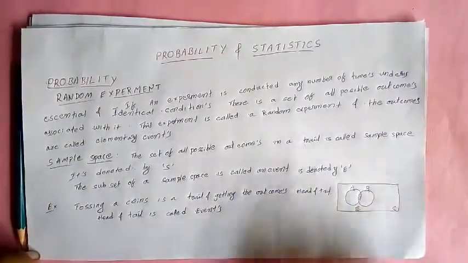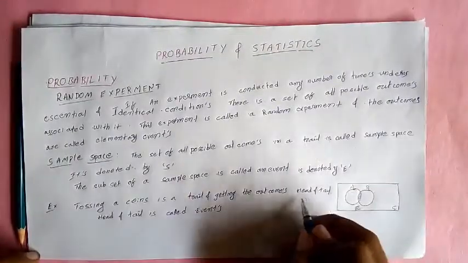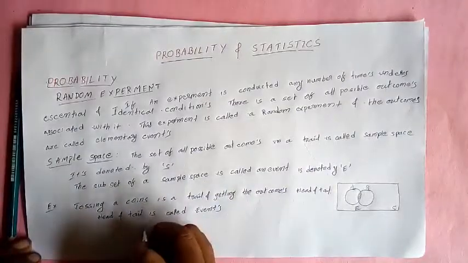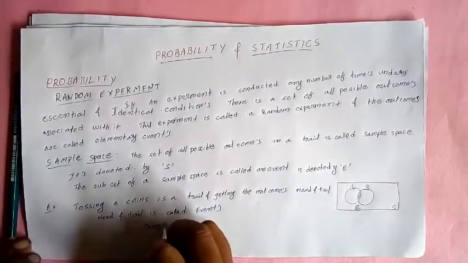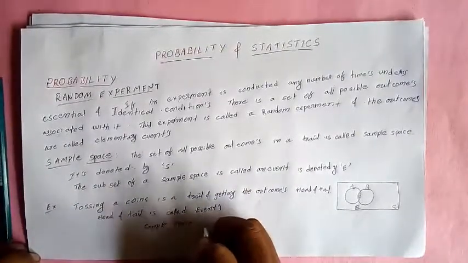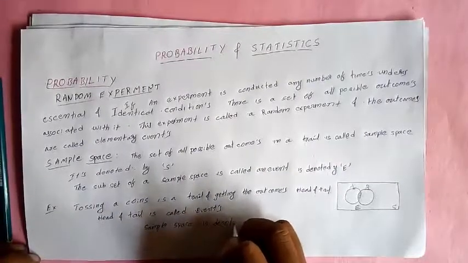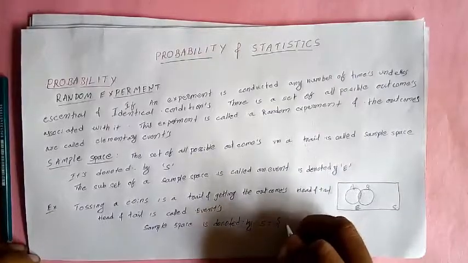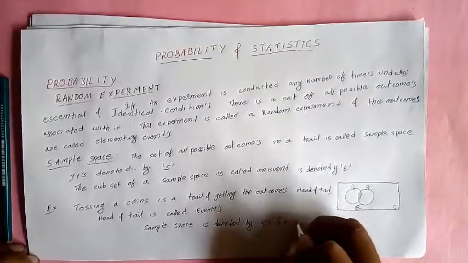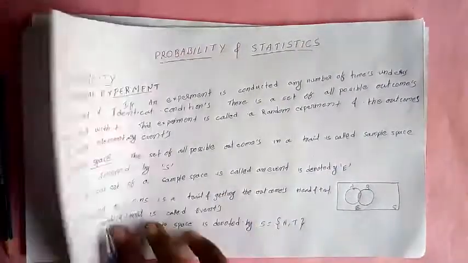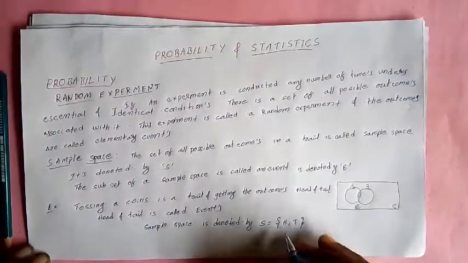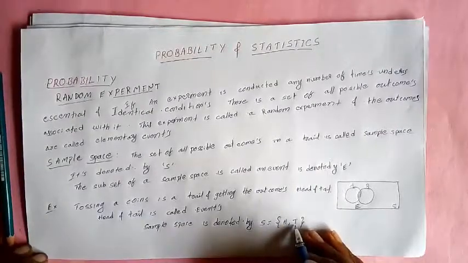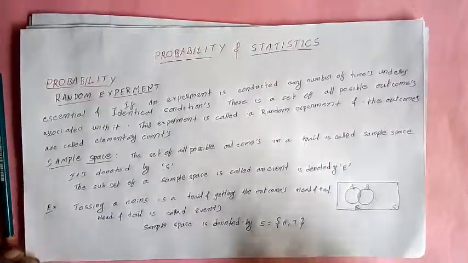A and B are the two events; here head is A and tail is B, and the sample space is denoted by the letter S is equal to the set of head and tail. This means in the sample space S, head and tail are the two possible outcome events.